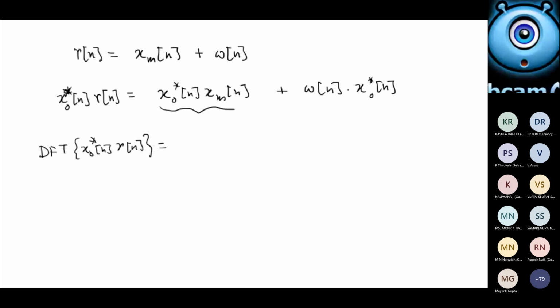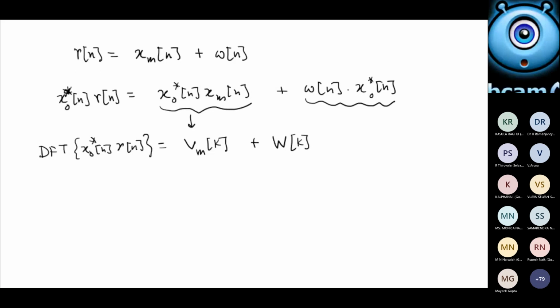Here, the DFT of this quantity will give us the V of m, k that we just saw, and let us denote the DFT of the noise sequence times the x naught conjugate of n sequence as W of k. Of course, W of k has no dependence on the term m.